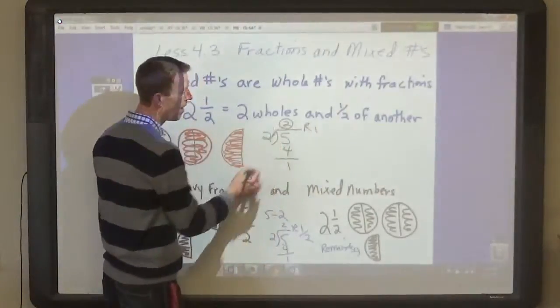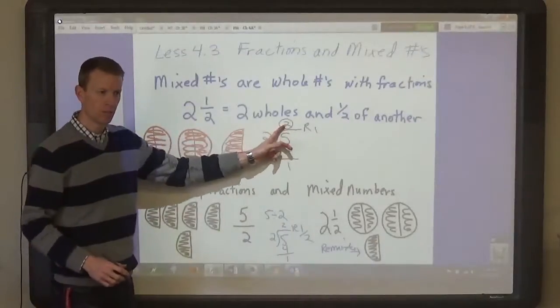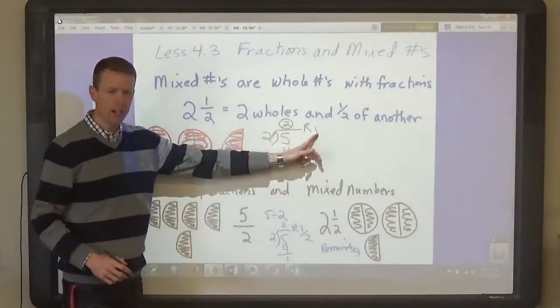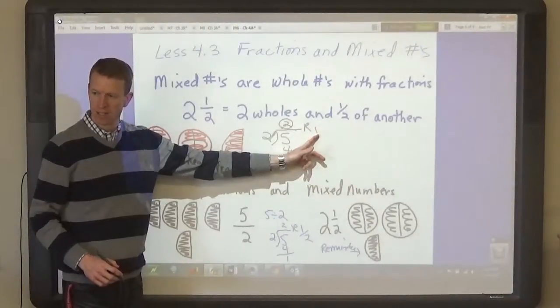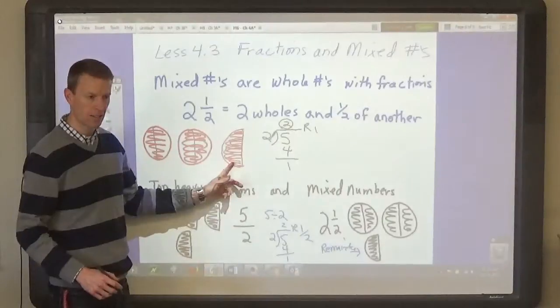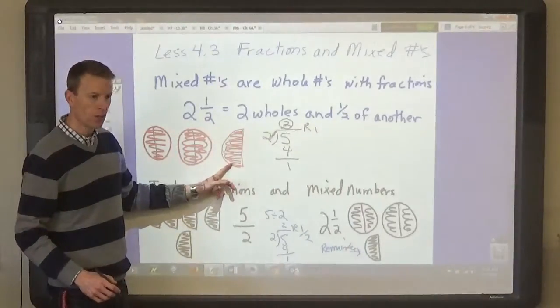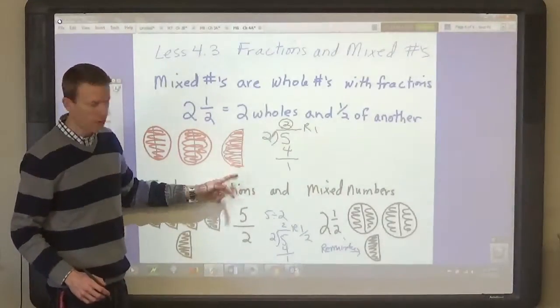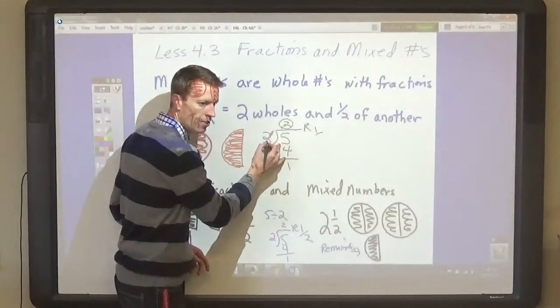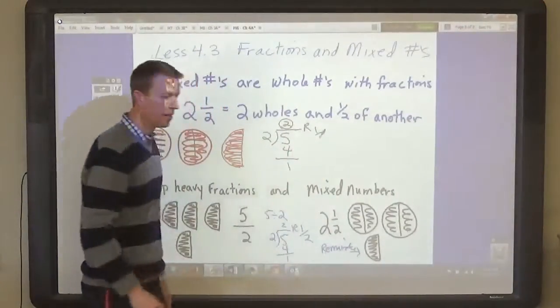So when we do 5 divided by 2, you get 2. So that's the number of wholes. And you get a remainder of 1. Okay? That's the number of leftover pieces. So the way that you write that as a mixed number is to write the divisor underneath the remainder.